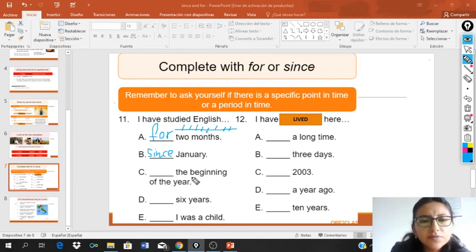What is the meaning of beginning? Very good. Comienzo. Okay, if we are talking about the beginning, what are we talking about? A period or a specific point? Very good. At a specific point. Since the beginning of the year.